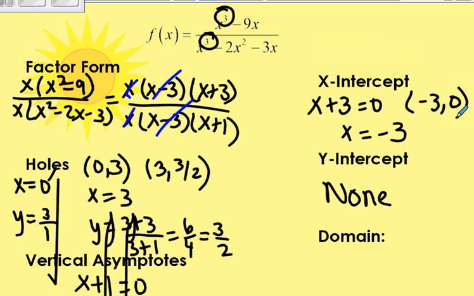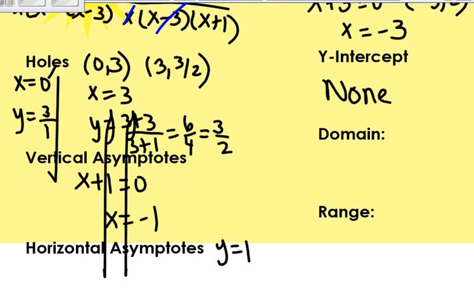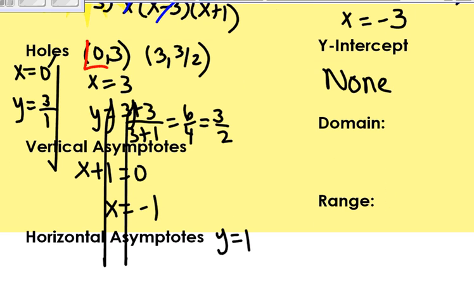And now our domain is affected by our holes and by our vertical asymptote. So our holes now have 2 points. So we have a 0 and a 3, as well as our vertical asymptote, which was negative 1. So this is going to be a long one, so prepare yourself.